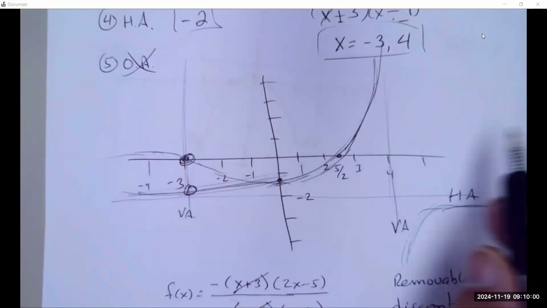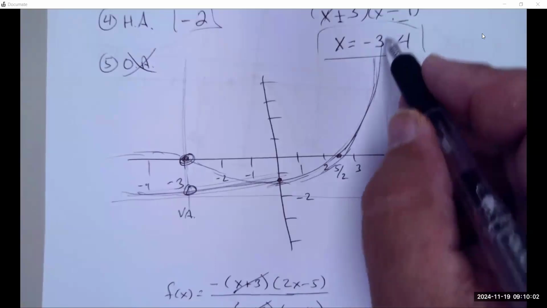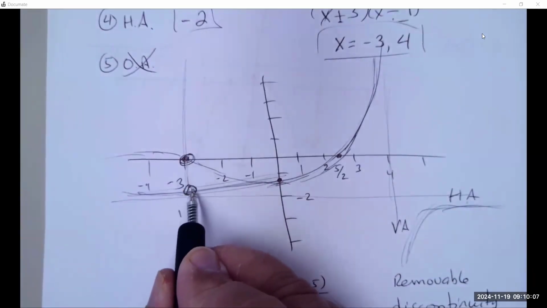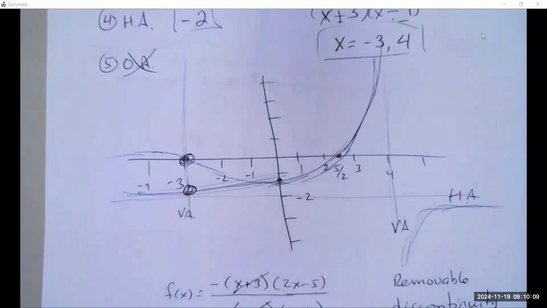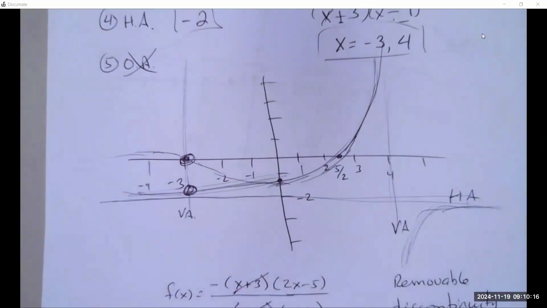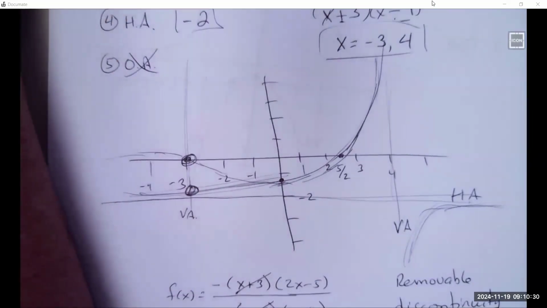So it's approaching the horizontal asymptote, but in place of that, at negative 3 on the graph, it's a hole. You notice it's still just approaching the horizontal asymptote. It's never going to cross that one. So far, so good. All right, so that's it for that section.